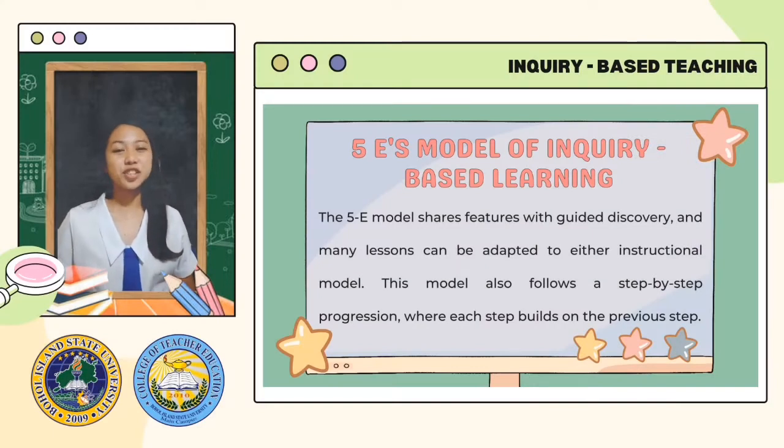The 5 E's model of inquiry-based learning. The 5E model shares features with guided discovery, and many lessons can be adapted to either instructional model. This model also follows a step-by-step progression where each step builds on the previous step.